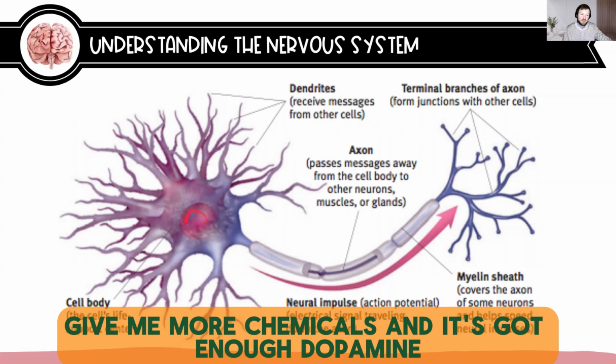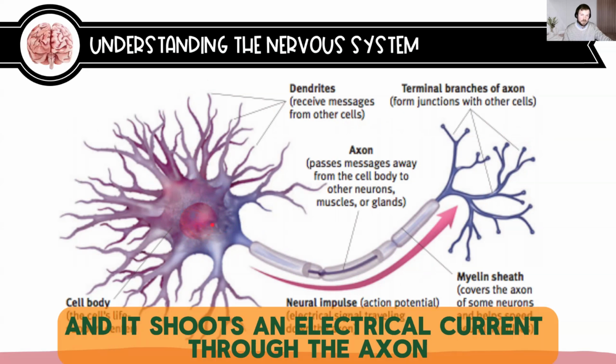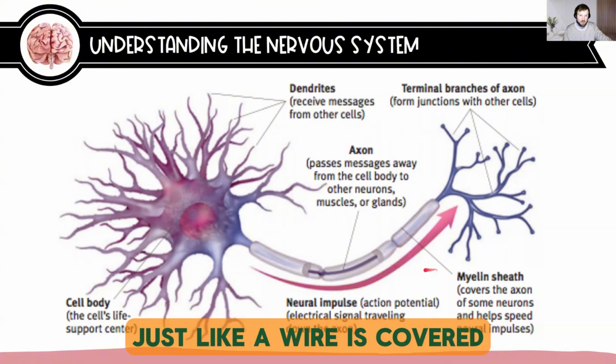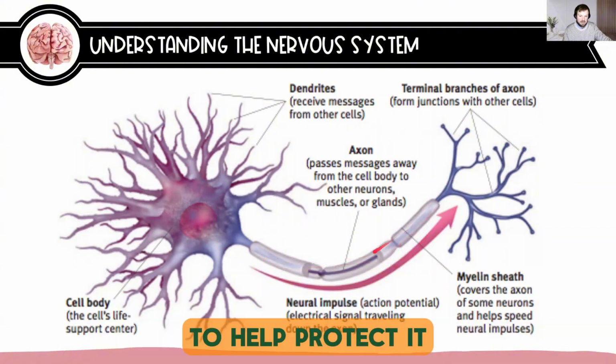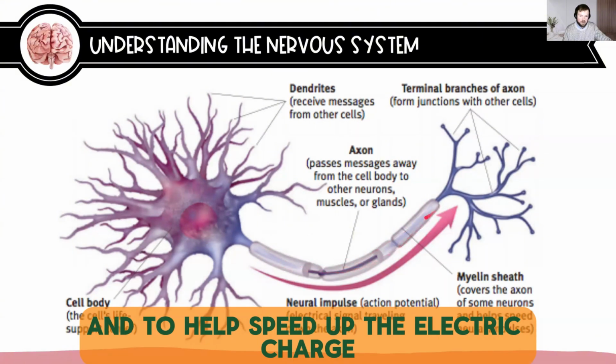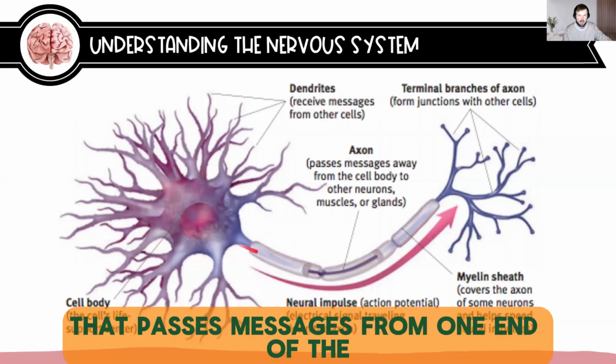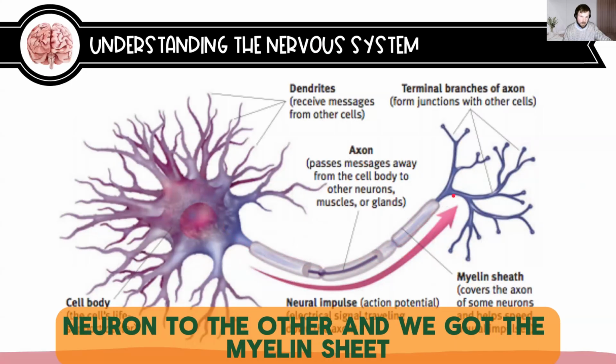And it's got enough dopamine, and now it's charged up and it shoots an electrical current through the axon, which is basically just like a wire, right? Because it is a wire, because it's covered just like a wire is covered to help protect it and help speed up the electric charge. It's covered by a myelin sheath. So here's the axon, just this middle part that passes messages from one end of the neuron to the other.